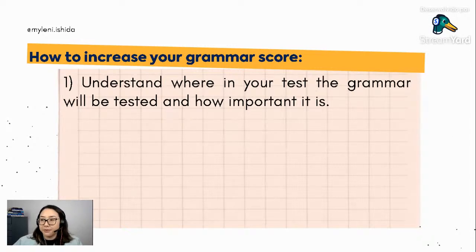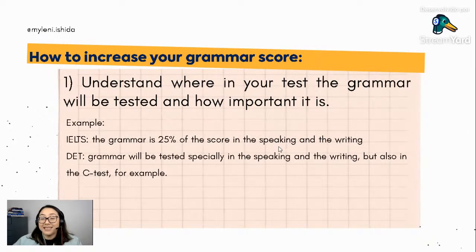So, for example, if you read the IELTS guide, you will know that the grammar is 25% of the score in the speaking and the writing. There are 4 criteria in the assessment of the IELTS in the speaking: grammar, vocab, pronunciation, and fluency.